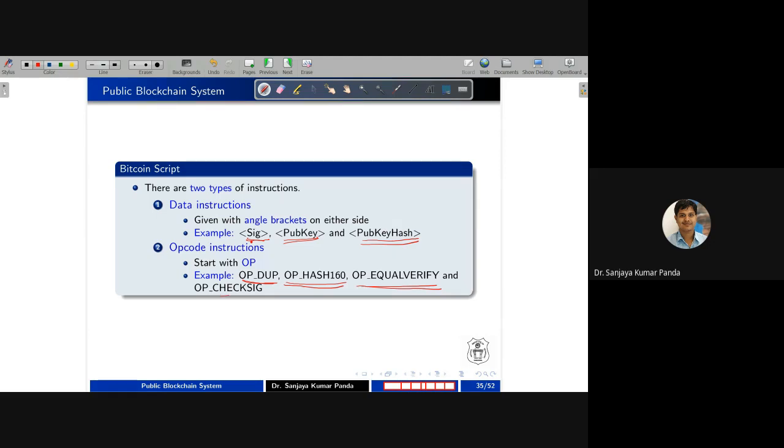And OP underscore CHECKSIG, that is check signature. So these are the two different types of instructions you can find in the Bitcoin script. Let us take two different scripts and understand how this Forth programming language handles Bitcoin and how it applies the different kinds of instructions in the computer, right?